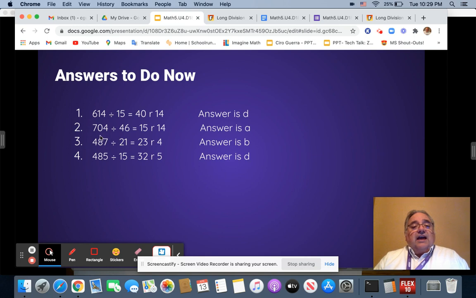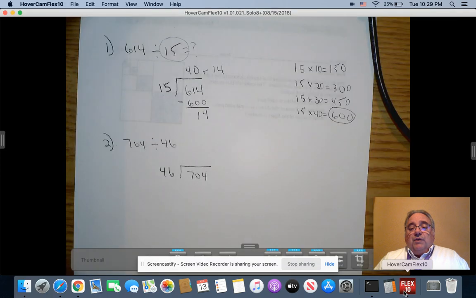So let's look at 704 divided by 46. Knowing what we know now, I'm going to pause here, and I want to know what are the first 3 multiples of 46. 46 times 1, 46 times 2, 46 times 3.